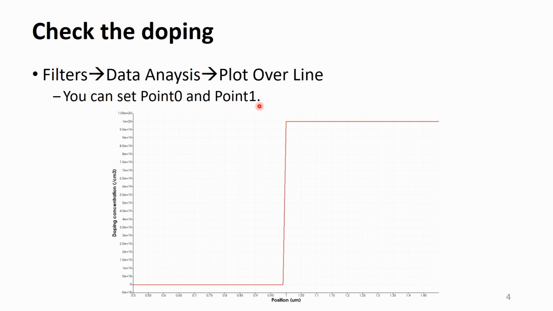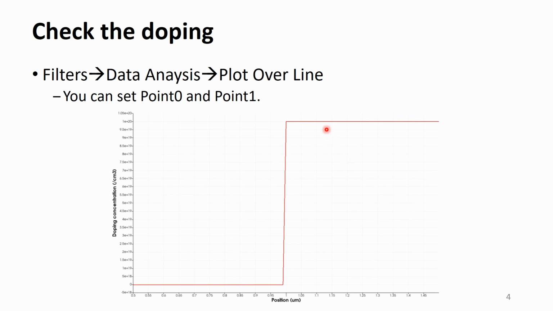Since our structure is just one-dimensional, essentially, just use the same x and y coordinates and only change the z-directional coordinate from 0 to 2 micrometer. Then you will see the doping profile.